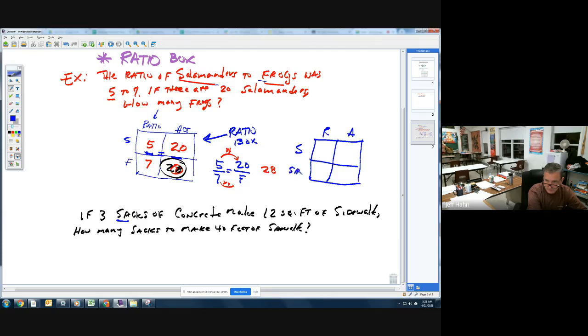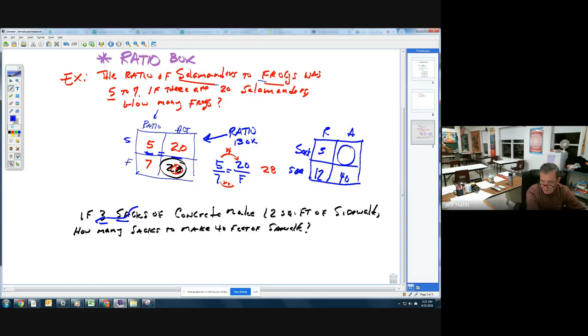I know that 3 sacks makes 12 square feet of sidewalk. How many sacks, I don't know what this is, will it take to make 40 feet of sidewalk?